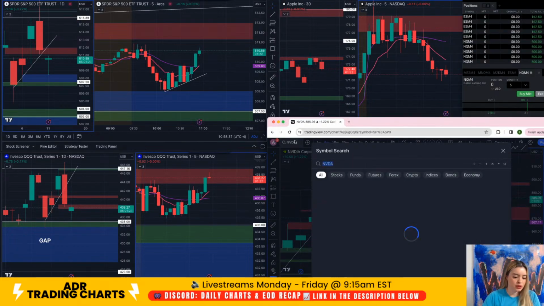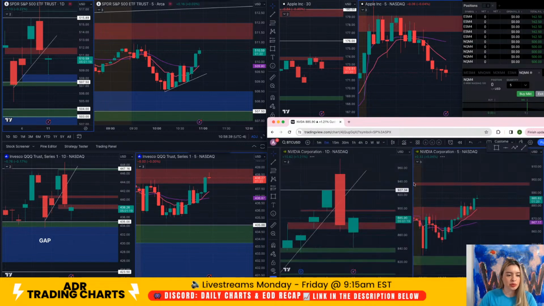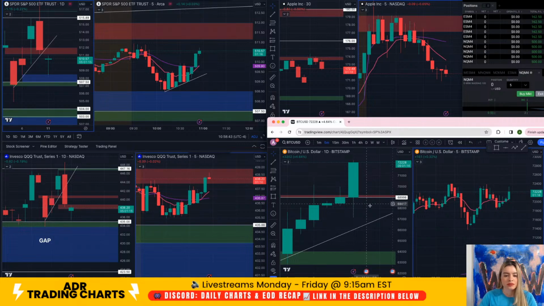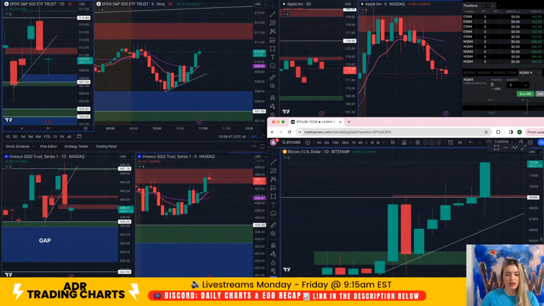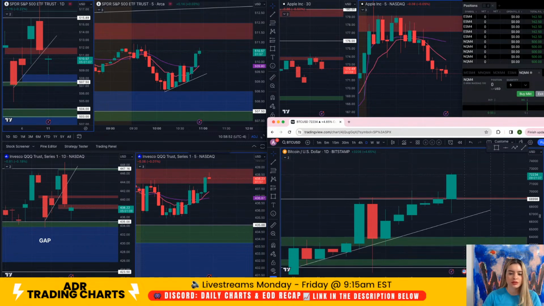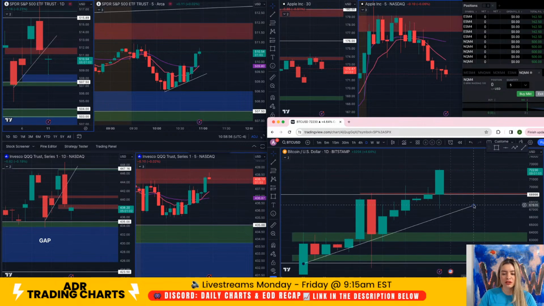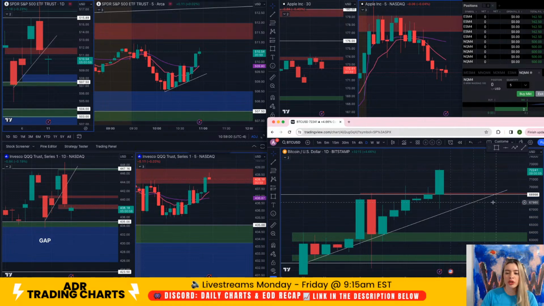What's Bitcoin doing? Let's see what Bitcoin is doing. I told you guys Bitcoin was gonna do a new all-time high. Look at this move. That's beautiful. Now, as long as Bitcoin keeps holding the previous all-time high as support, that's extremely bullish.